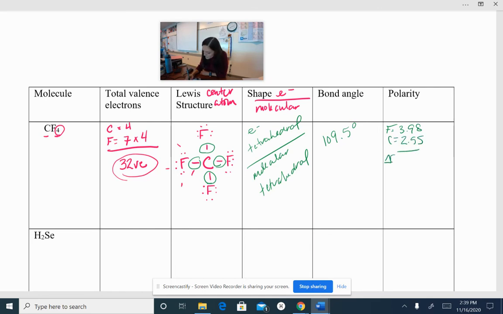Now I want to find the difference of this. 3.98 minus 2.55 gives 1.43.